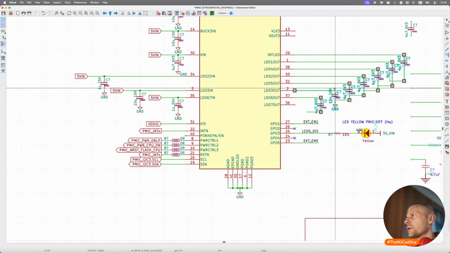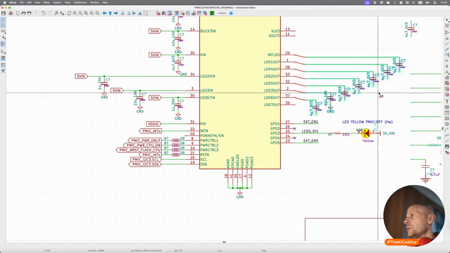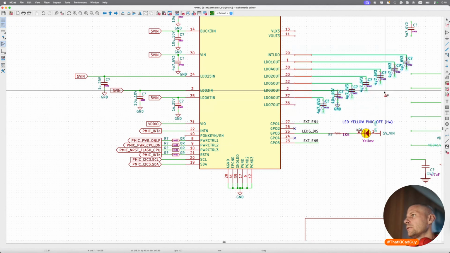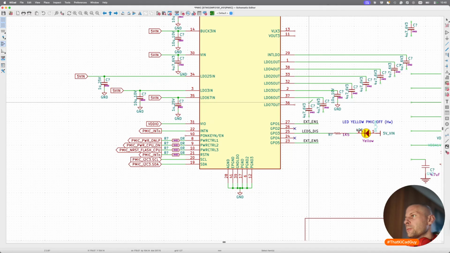I pressed the D instead of G. Not enough space.